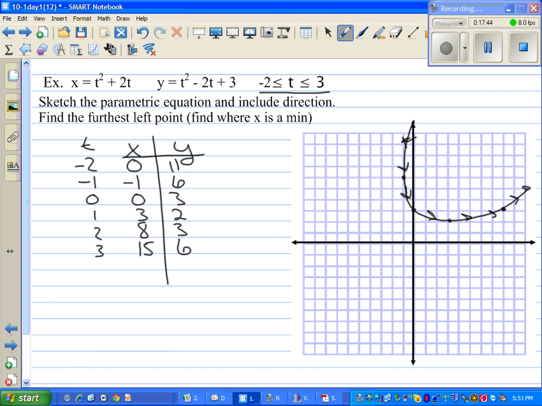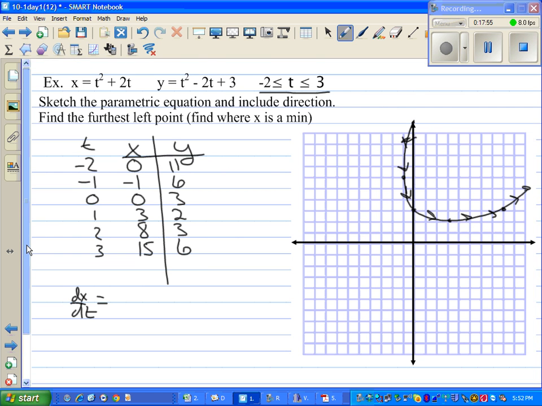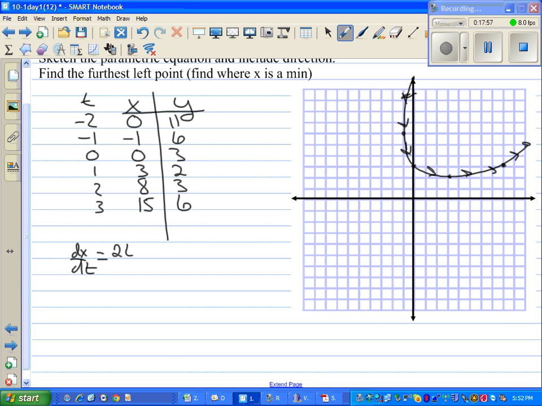We're finding the furthest point left. So we're trying to minimize the x coordinate. So we have dx over dt equals 2t plus 2. We're going to set that equal to 0. We're trying to minimize x. So we have -2 equals 2t, so t equals -1.